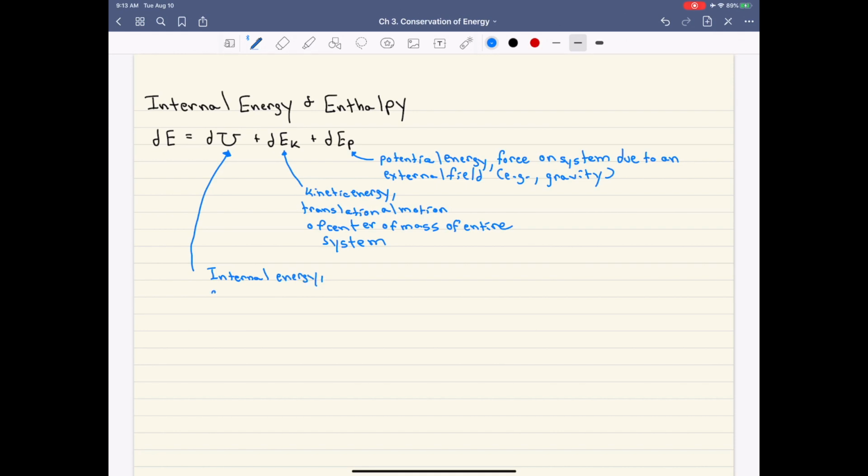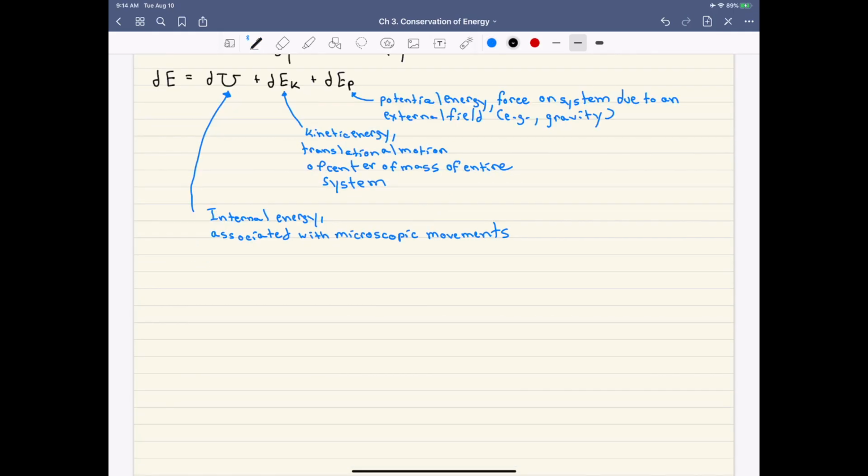And this internal energy is not associated with the entire system and its boundaries. It's more concerned with these microscopic movements of the molecules in our system. All right, and so that's what internal energy refers to.